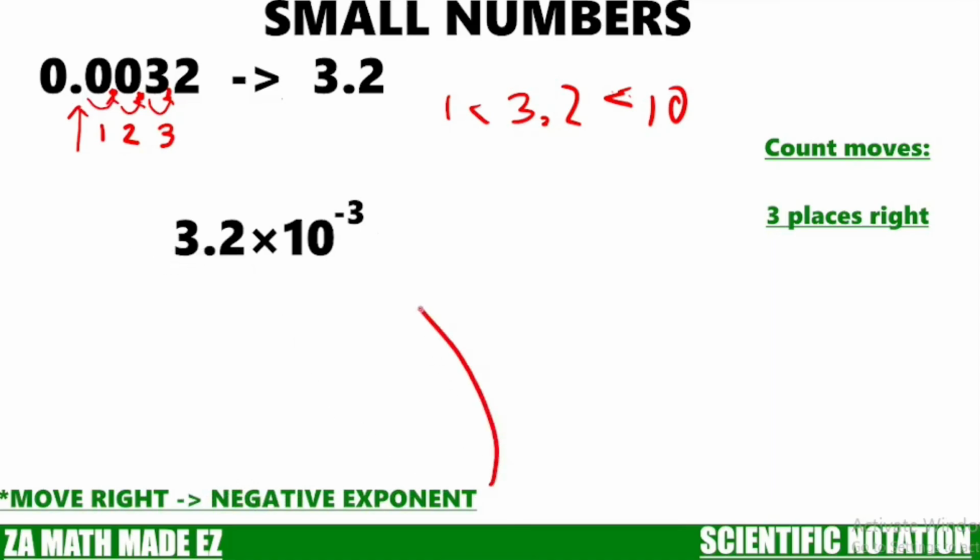So over here, that's negative 3, and the 3 is from how many times we move the decimal point. So it'll be 3.2 times 10 to the power of negative 3. Okay, hope you guys understand. That's very easy to learn.